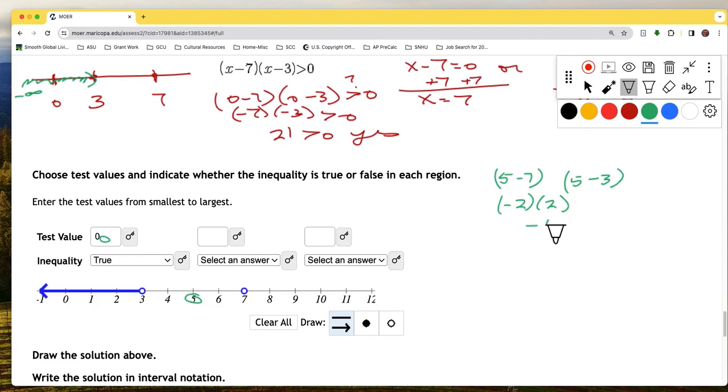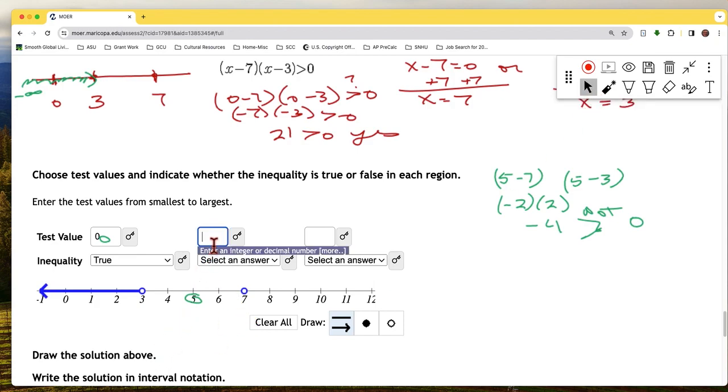And that gives us a negative 4, which is not greater than 0. So this one doesn't work. And again, we could have chosen 4 or 6 or 5.5 for that matter. We'll just put that it's false. Okay, so it doesn't work here.